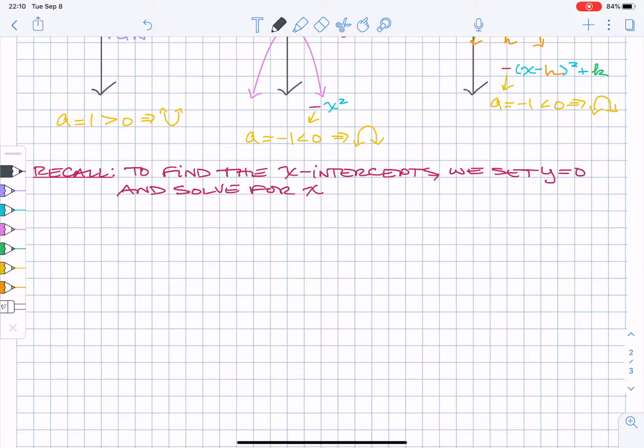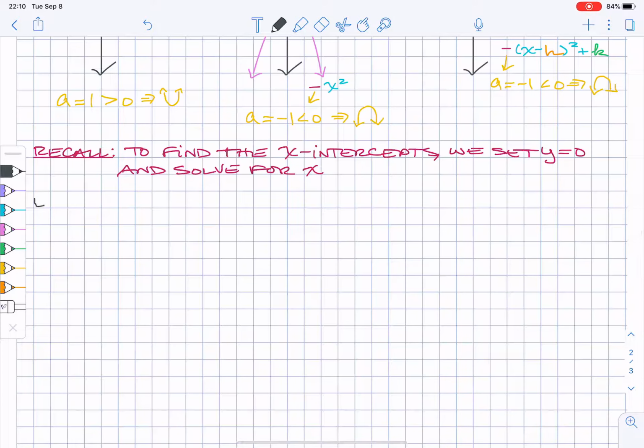Okay, so for example, let's plot the following quadratic functions.